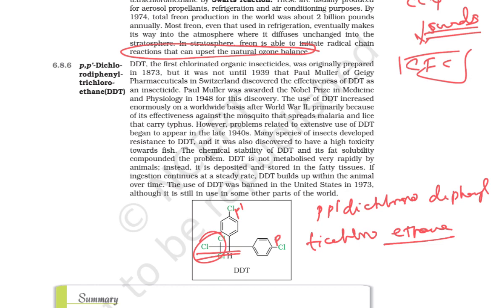It is very effective against mosquitoes that spread malaria and lice which carry typhus. However, when used predominantly, it shows high toxicity towards fish, and because of the chemical stability of DDT, it is stored in your fat.